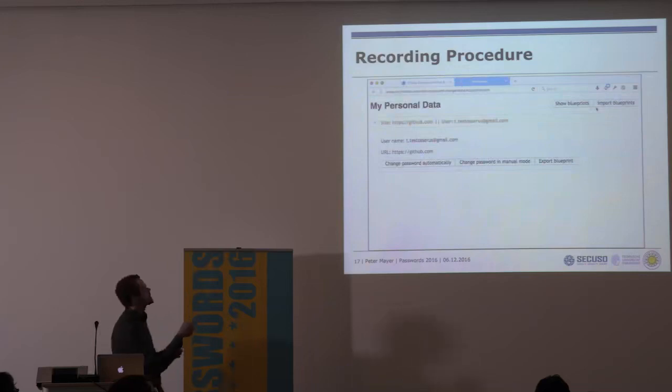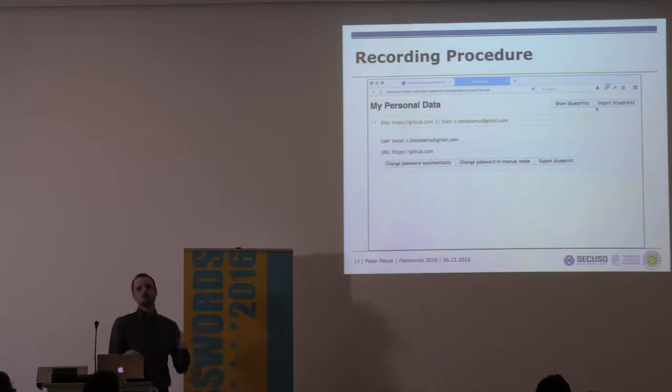It's a prototype interface, so it's not really beautiful or anything, but it's functional. We have the website with our user account. Now we only have one account here, which is for GitHub, and we have the relevant actions we can perform. We can change a password automatically. We can change a password in manual mode, which means the blueprint is executed just to the point where we actually reach the form to change the password, and the user can change the password himself.